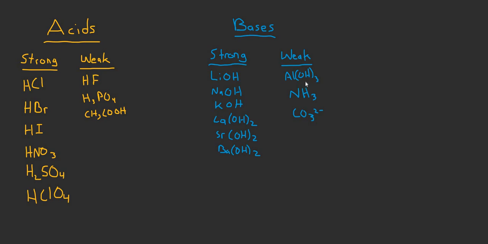So just because you see that OH doesn't mean it's a strong base. Ammonia is considered a weak base. You'll talk more about that in the second semester when you talk about Bronsted-Lowry acids and bases. And polyatomic ions like carbonate can act as weak bases.